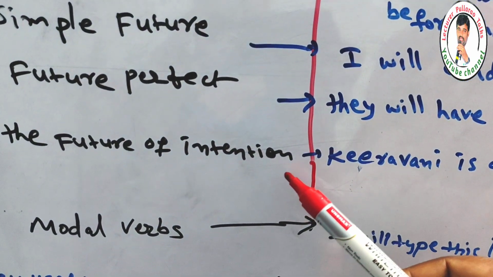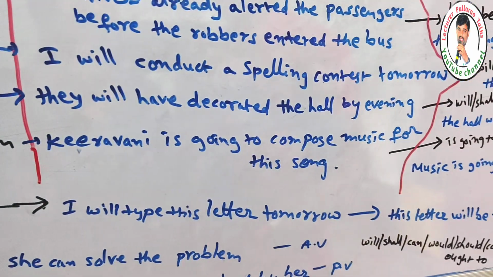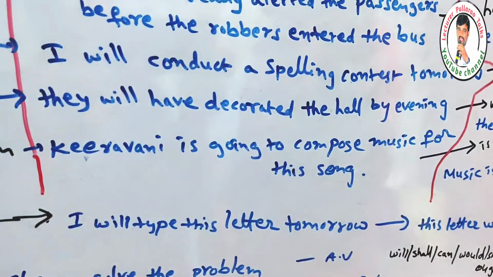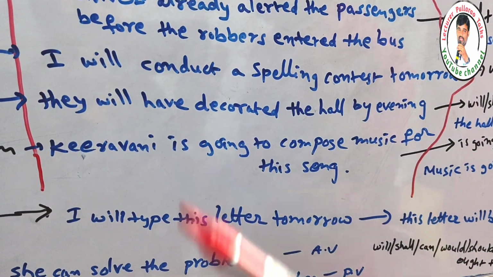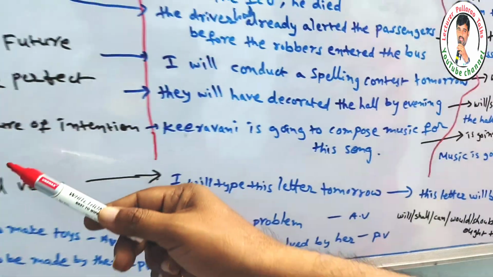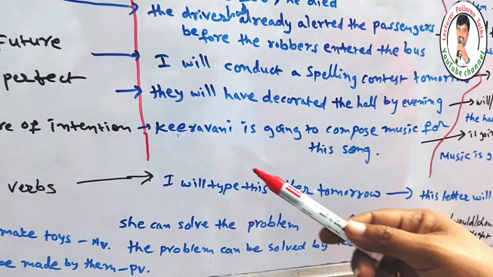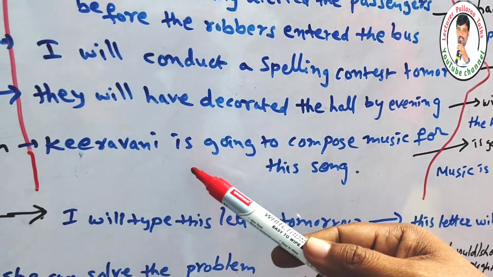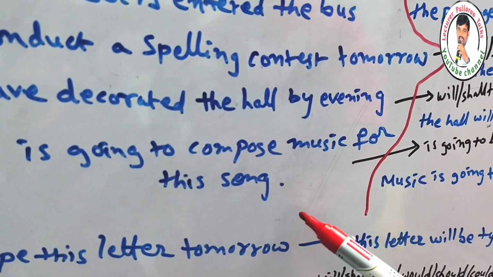Future of intention. This is another way to express future actions, not related to tenses. Now, look at this example, it will make it clear. Keeravani is going to compose music for this song.